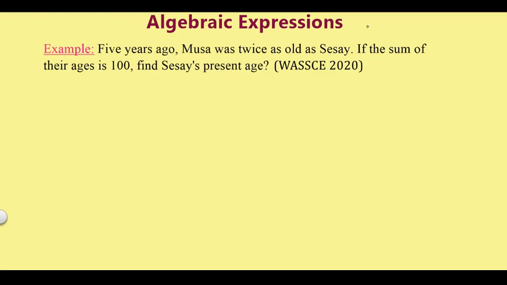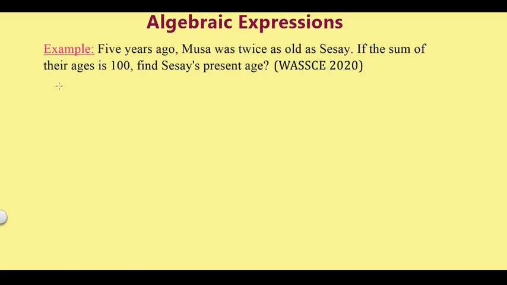Here we have a WAEC question, year 2020, saying: 5 years ago, Musa was twice as old as Sisi. If the sum of their ages is 100, find Sisi's present age.